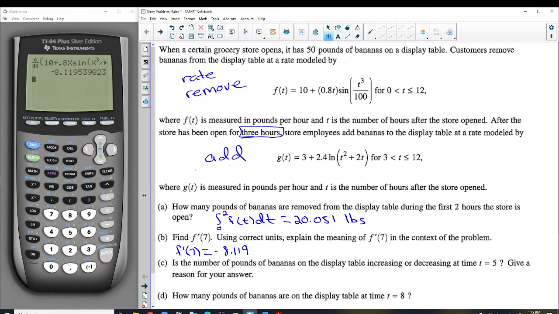Now we're going to interpret it. The rate after 7 hours that the rate is changing.